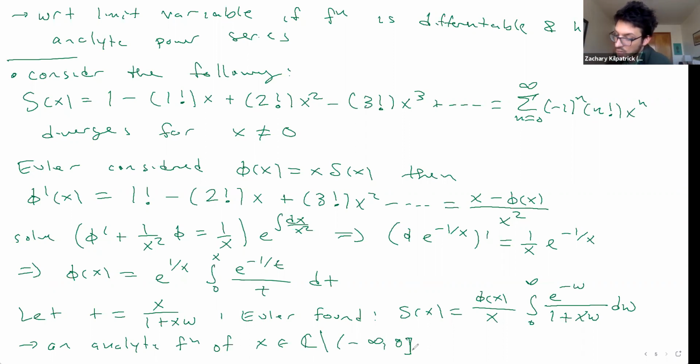So I have an analytic function here, but I represented it with this thing that looks like an asymptotic series that essentially diverges. And the gist here is that whether or not a series diverges is not necessarily a good guide to whether it's informative.